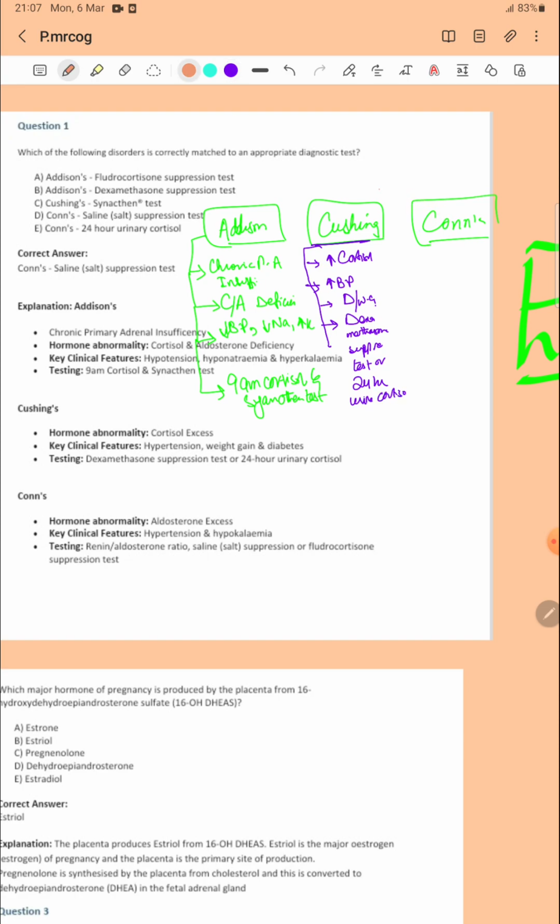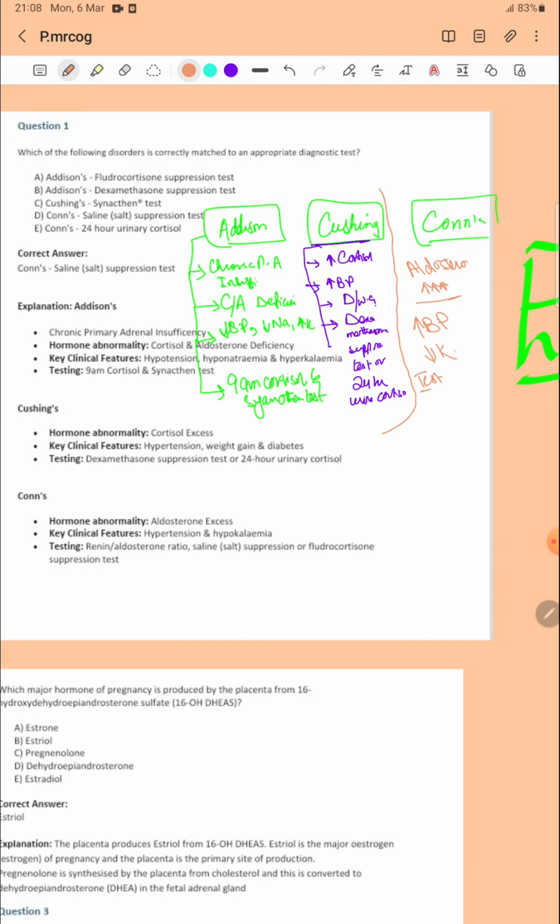Now let's discuss Conn's disease. In Cushing there is an excess of cortisol, in Addison's there is a decrease in aldosterone, but in Conn's the aldosterone increases, so the symptoms will be opposite to Addison's: the BP will increase and there will be hypokalemia.